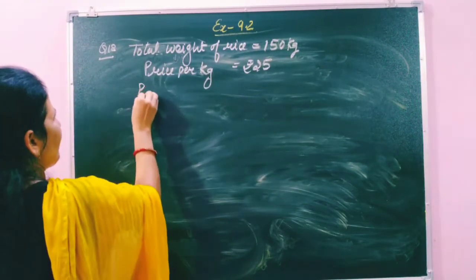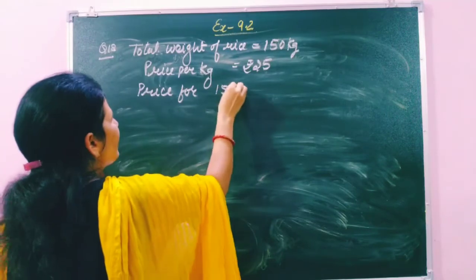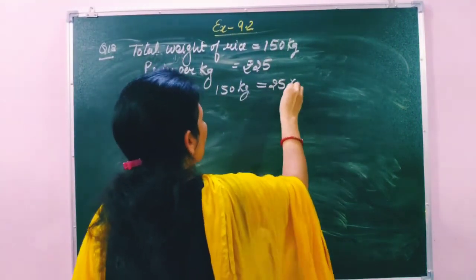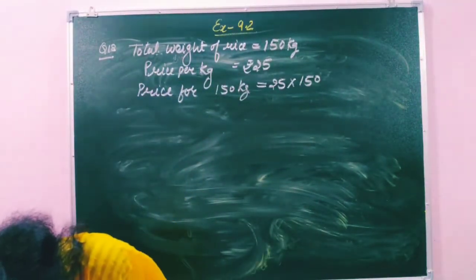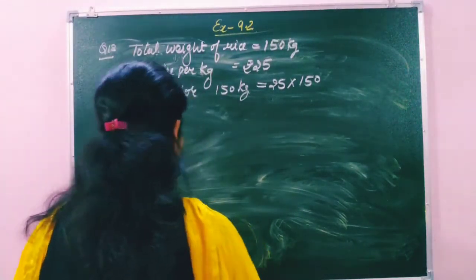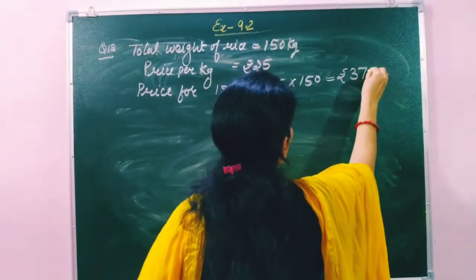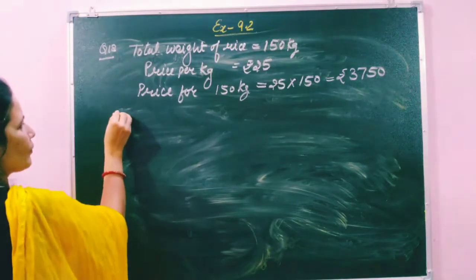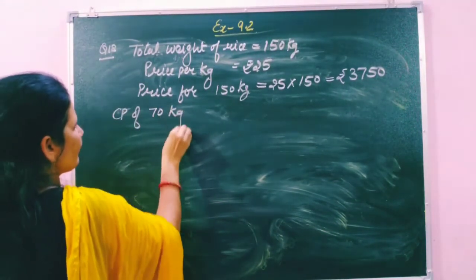So the price for 150 kg means 25 multiplied by 150. When we multiply this, we get rupees 3750.